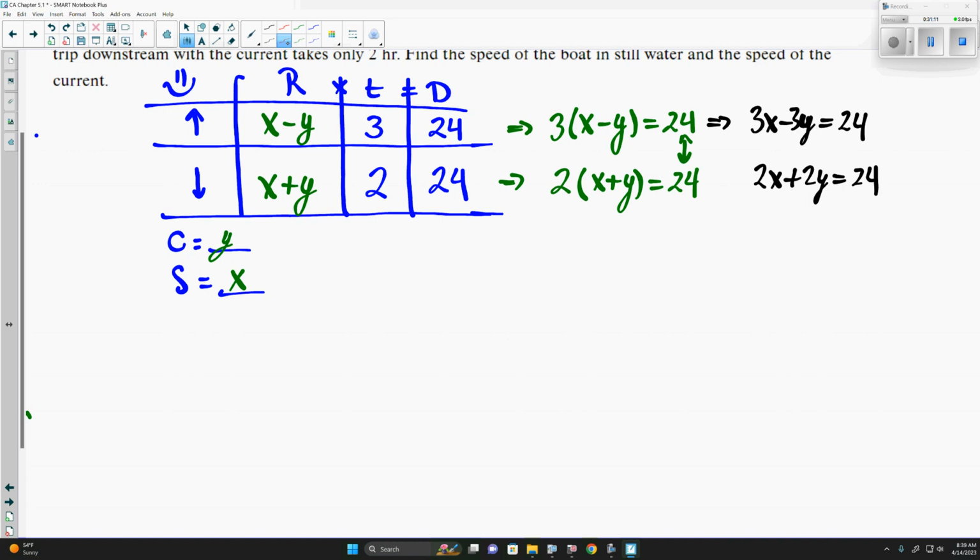So to get these equal to each other, for the top equation, I need to multiply everything by 2. The bottom equation, we need to multiply everything by 3. If we multiply the entire top equation by 2, we get 6x minus 6y is equal to 48.